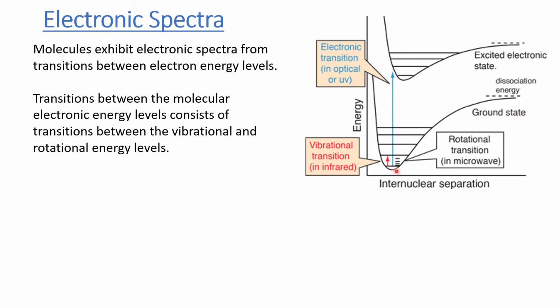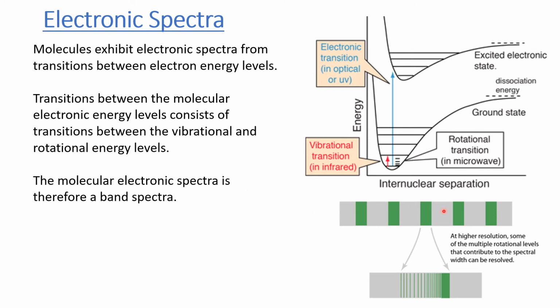And a transition from one electronic state to another electronic state means a transition of multiple rotational and vibrational energy levels as well. So we have a band spectrum, because this consists of contributions from the vibration, rotation, and electronic transition. So the molecular spectra appear in the form of bands.